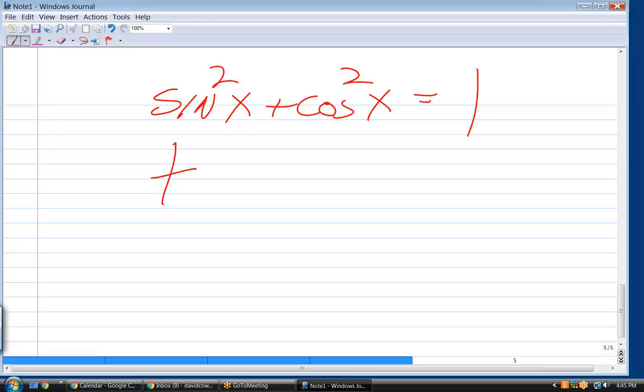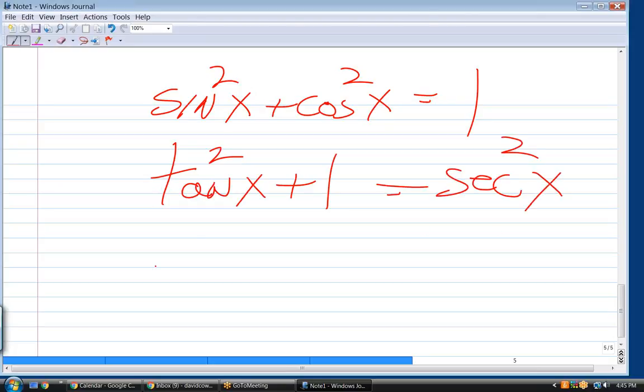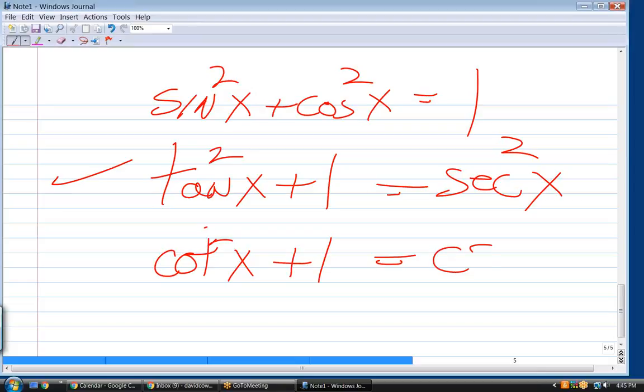Starts with tan squared. Tan squared x plus 1 equals secant squared. Good. Now, that's the only one you have to memorize. The third one you can base on this one. What's the third? So that would be cotangent squared x plus 1 equals cosecant, or is it cosine? No, you got it. Cosecant.